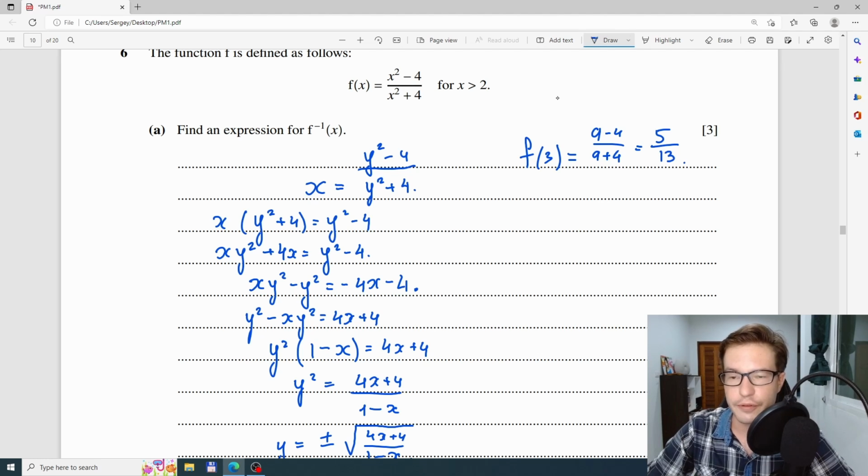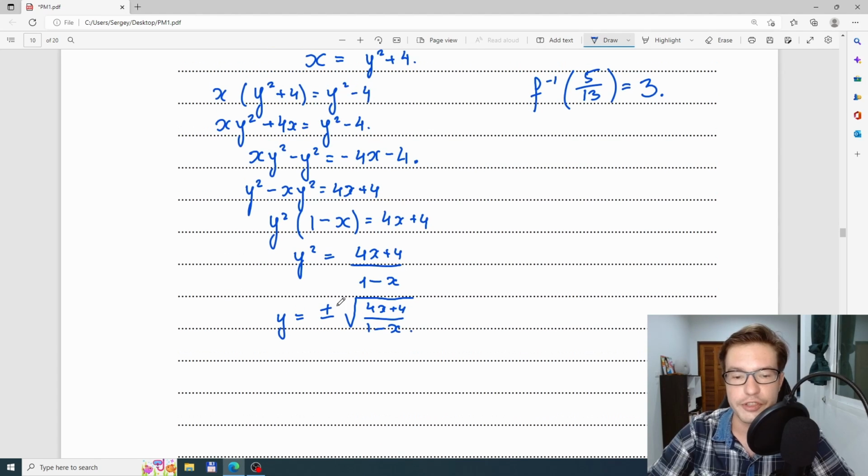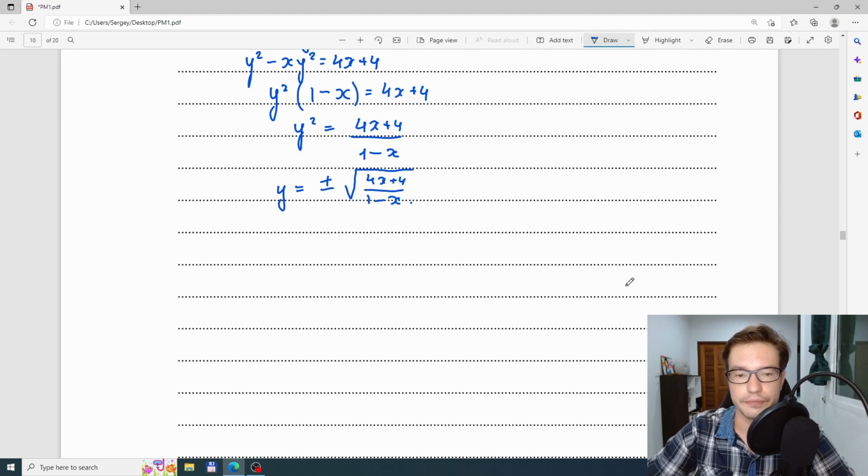Okay, so that means if I'm looking for the inverse function, the inverse of 5 over 13 must be equal to 3, and not negative 3. Okay, so from this fact, I know that I have to choose plus next to the square root. So I will have to use plus.